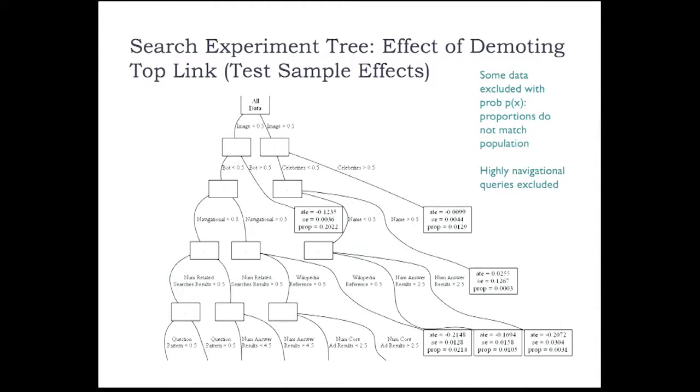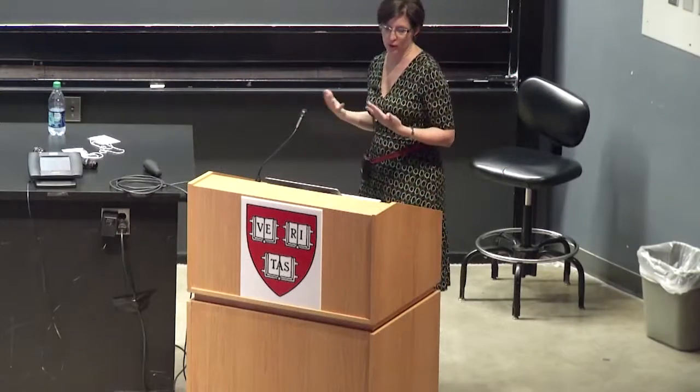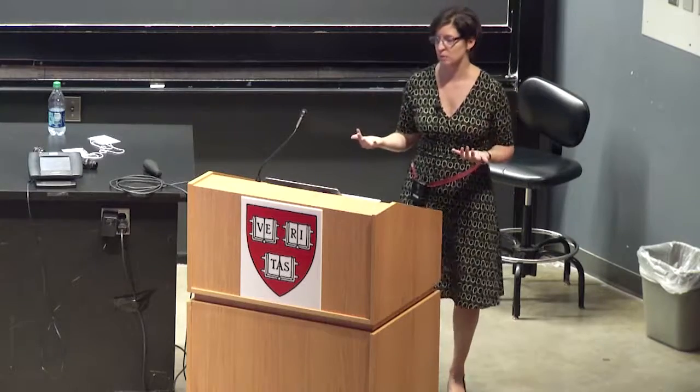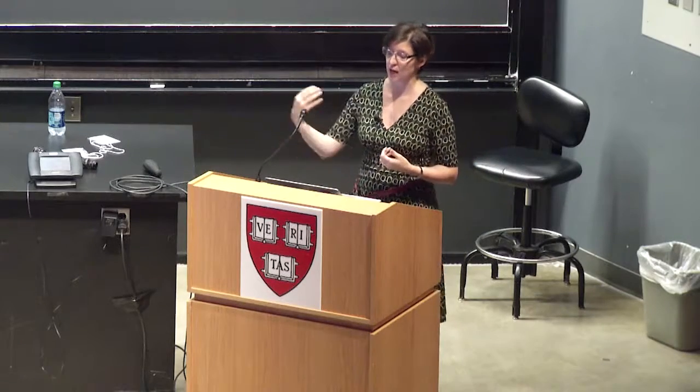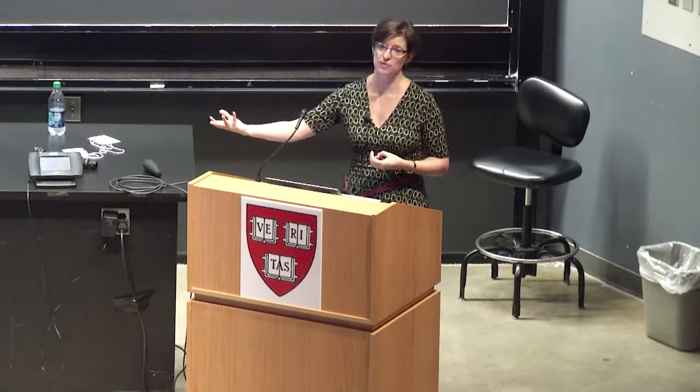So now I'm going to look at treatment effect heterogeneity. I build a tree, and it turns out the treatment effects here are highly heterogeneous. In each box, I'm going to show the average treatment effect, its standard error, and the proportion of the population. So we see, for example, in one of the far right boxes, that queries that were classified by classifiers to be high celebrity, high image queries had actually no treatment effect from the flip.